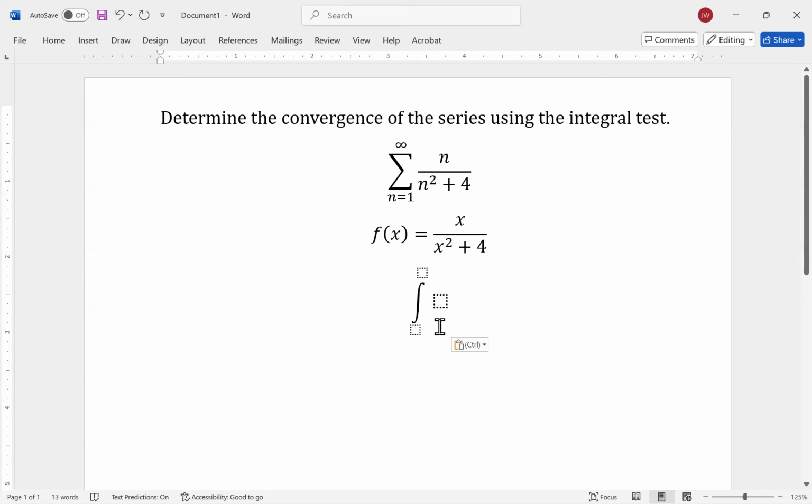And basically what I do is I integrate this function from 1 to infinity with respect to x, if x is the variable I'm using. Now, you can do this in a lot of different ways. You can do this by hand.